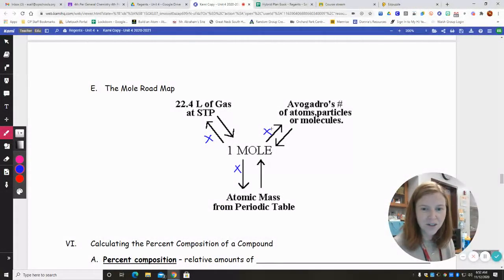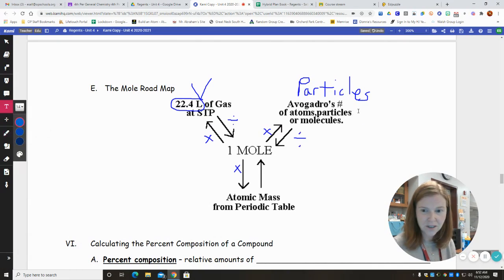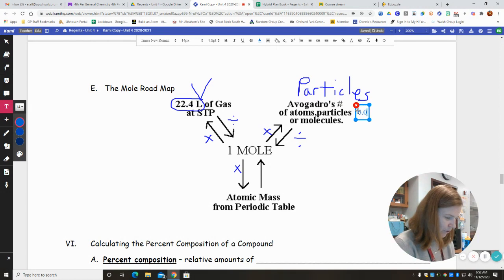If we are starting with something else and converting into moles, so if we're starting with volume and converting into moles, we are going to be dividing by 22.4. If we are starting with, we'll just say particles, whether that's atoms, molecules, formula units, and we're converting to moles, you are dividing by 6.02 times 10 to the 23.